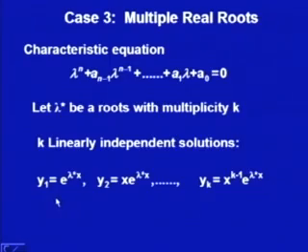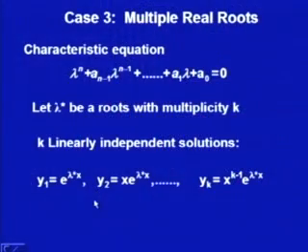How did we obtain this? If you do remember, we have done the double real root in the case of second order equation, and there the second solution we had obtained by the method of variation of parameters, or by substituting the solution. So, with the same method we are finding these k linearly independent solutions with respect to this root lambda star which is being repeated k times.